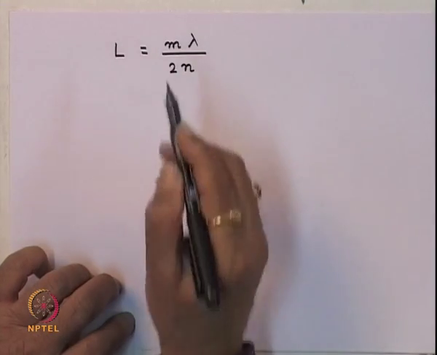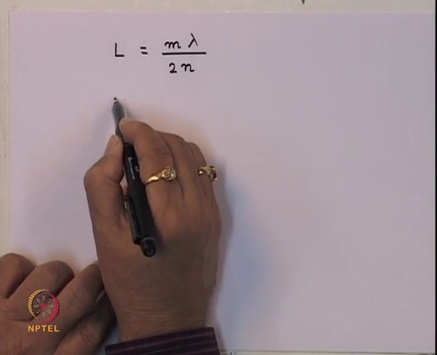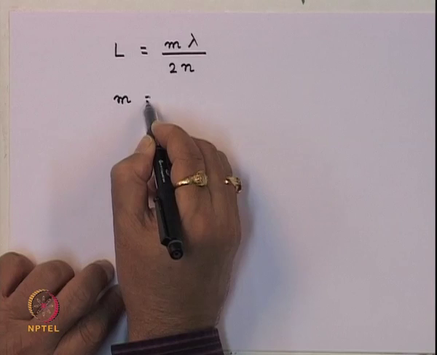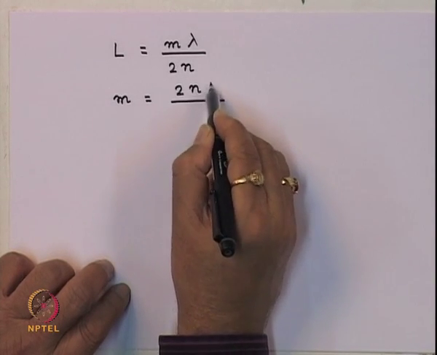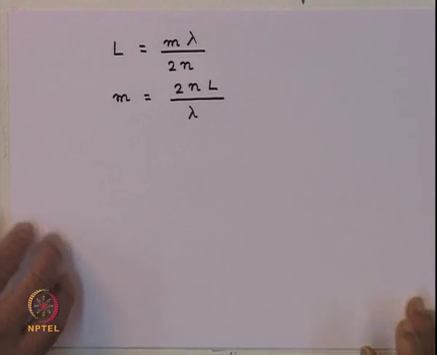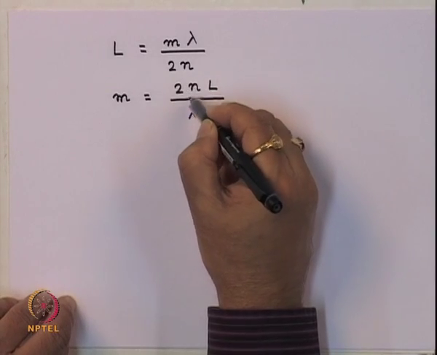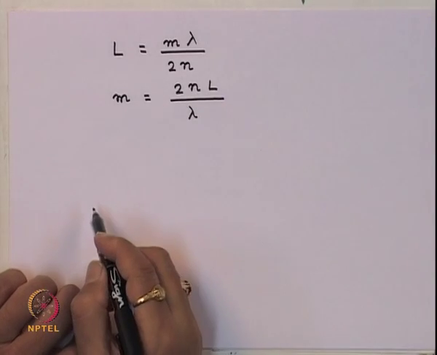Same relation which we have used earlier in earlier problems. So, again from here we can get m equal to 2nL divided by lambda. Note here however, in this case now the n is a function of wavelength, it is not a constant quantity.